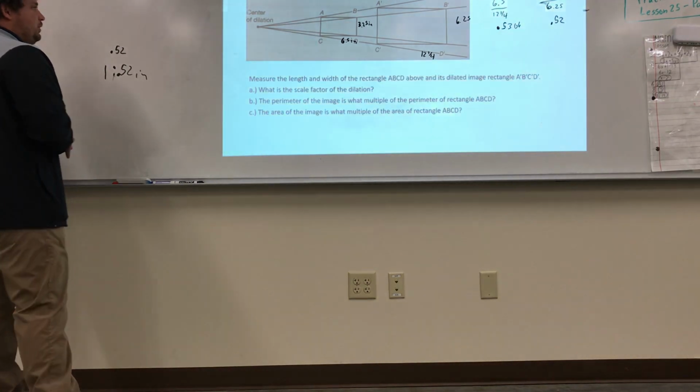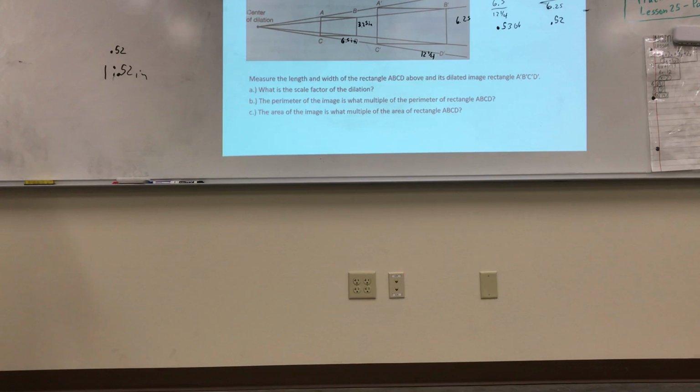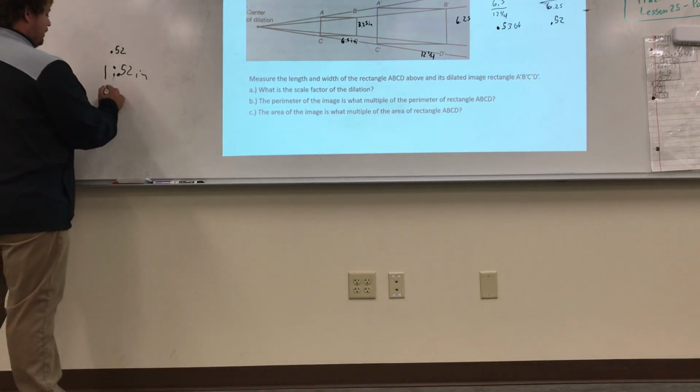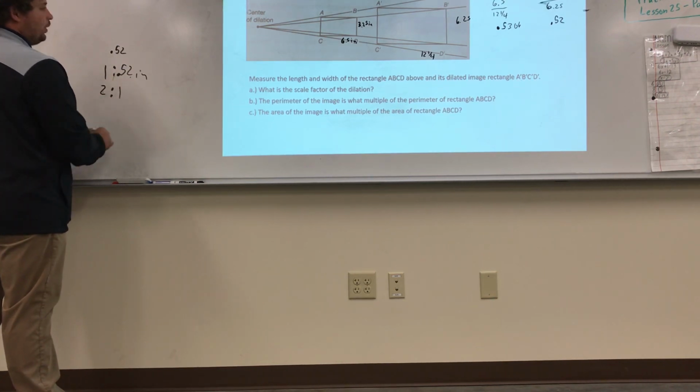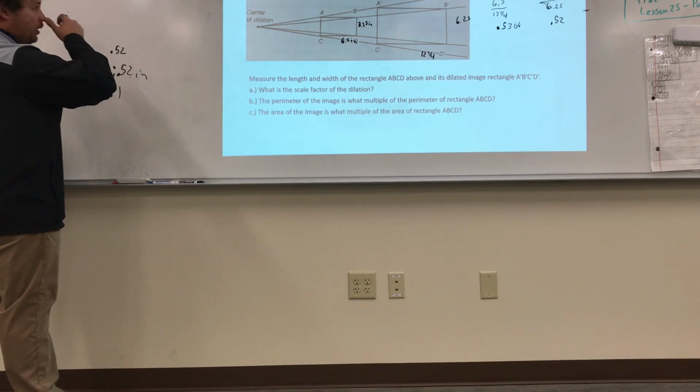Well, if each side is double the length, I almost want to go the other way, or multiply this and make it so it's like a whole number. So it'd be about 2 to 1, and that'd be small to big, or big to small.